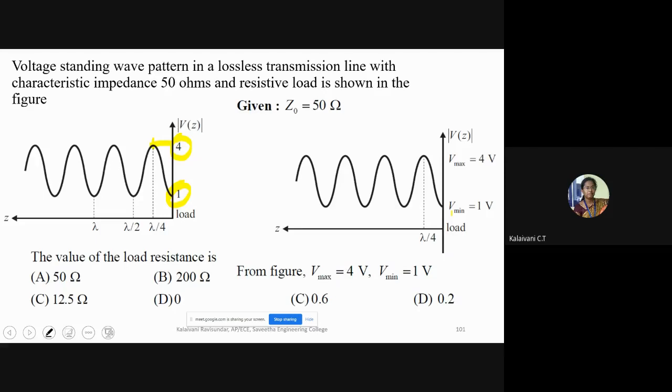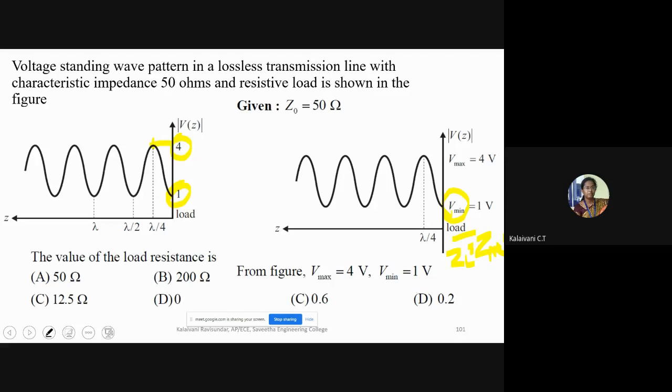Next, how to find the load resistance? The load resistance falls at voltage minimum. So what is the relationship between voltage minimum and load? ZL is equal to Z minimum.